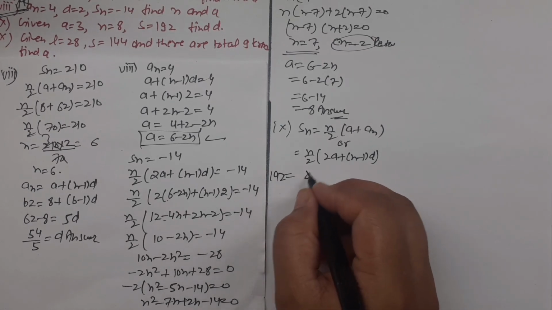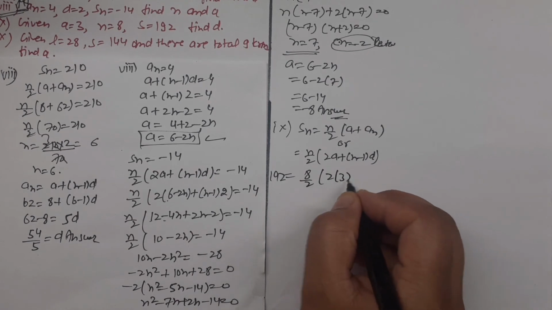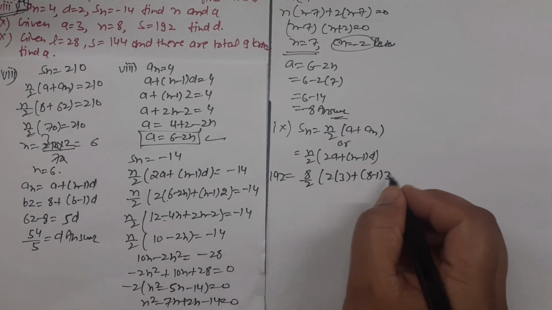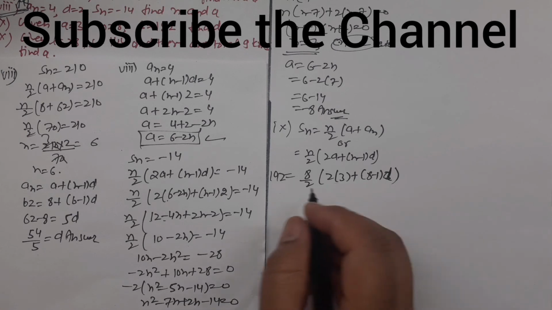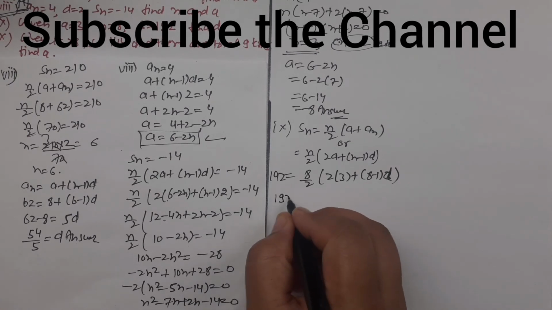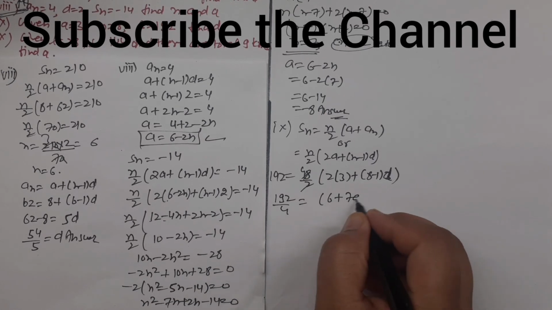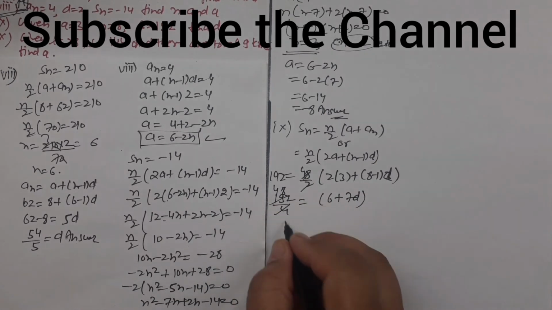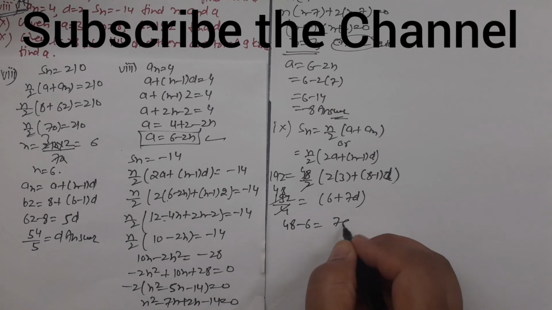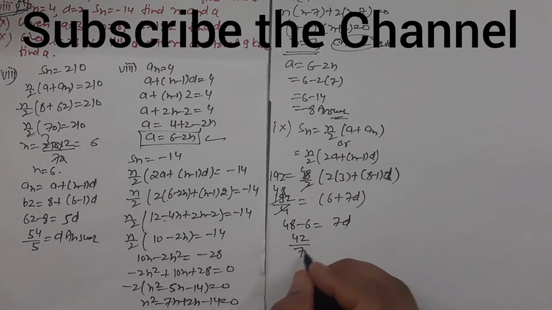S_n = 192, 8 by 2, a is 3, 8 minus 1, d same. 2 4s, 4 in division, 2 3s are 6 plus 7d. 48 minus 6 equals 7d. 42 by 7, d is 6. Answer. According to the statement, we will apply the formula always.